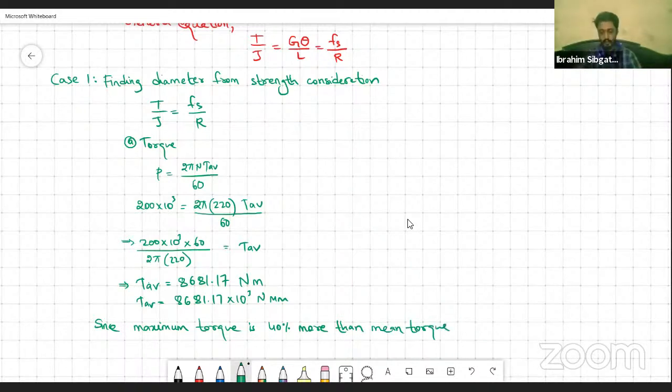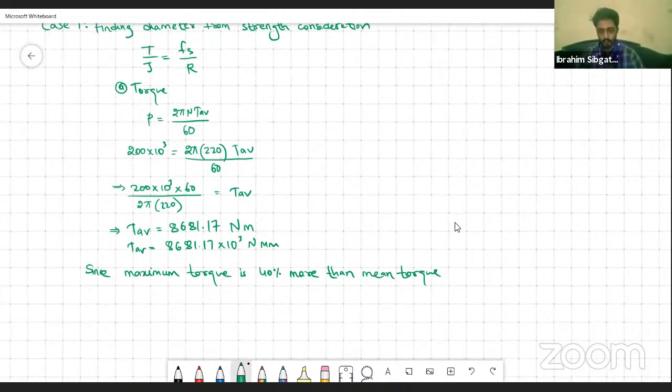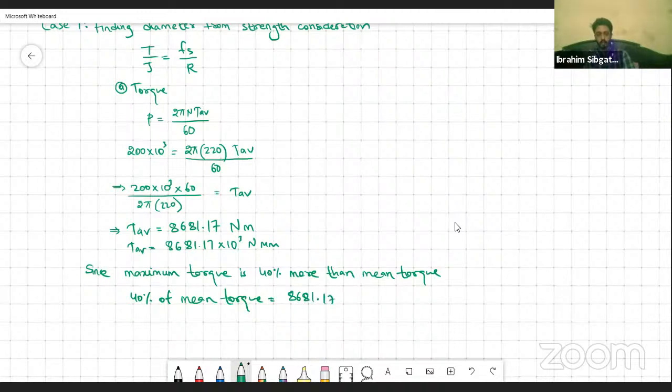Okay, so first let's find out what is the 40% of mean torque. So 40% of mean torque, this is what you have to do. Whatever the mean torque is, 8681.17 into 10 power 3, you have to find out its percentage.